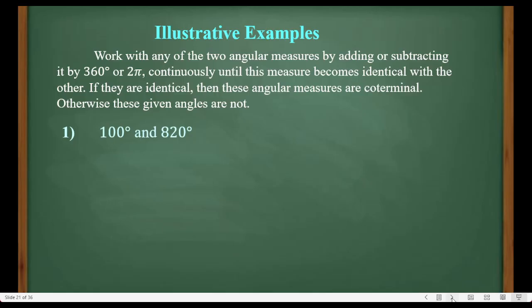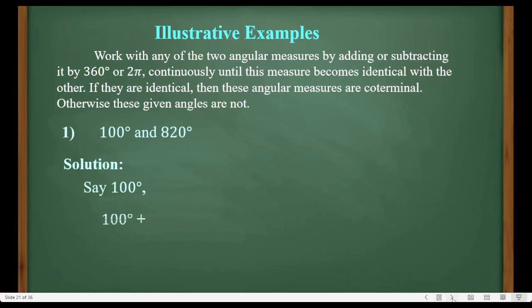So if you understood the explanation from this paragraph, let us go to the first item, number 1. The given angles are 100 and 820 degrees. So for our solution, we choose 100, and what shall we do with this one? Obviously, the target is to make the first angle identical with this one. So we simply add 360 to 100.